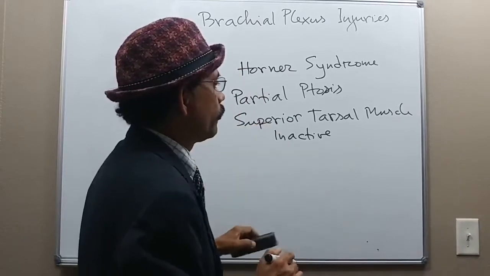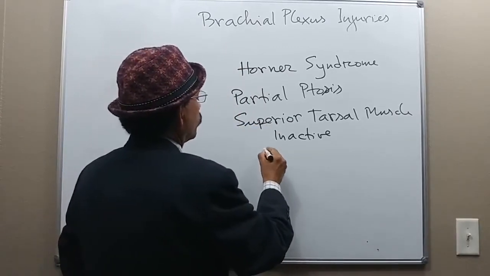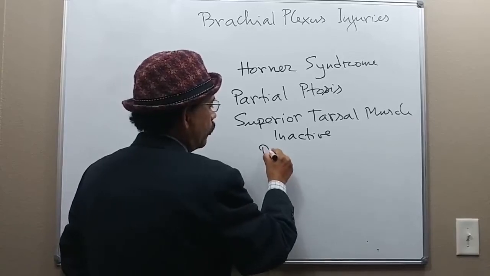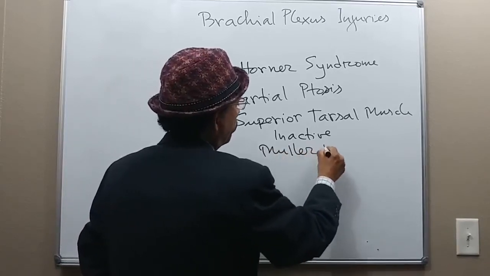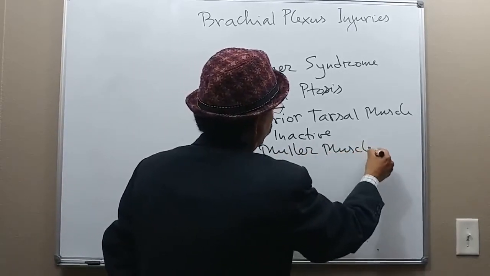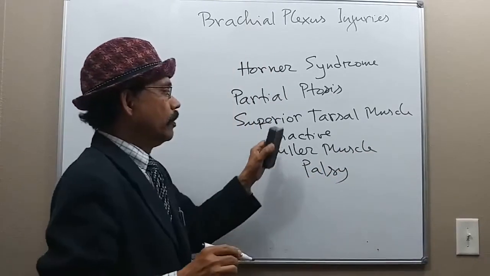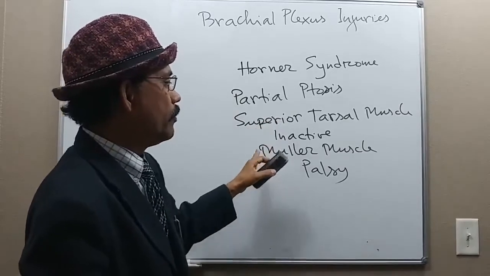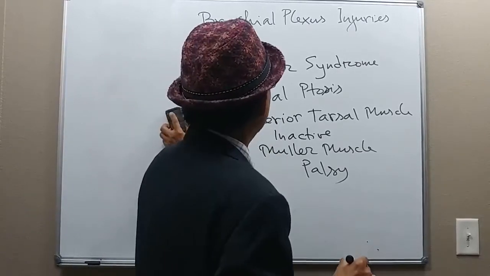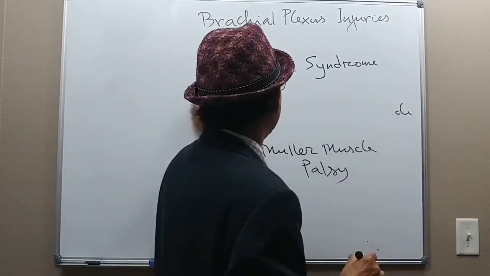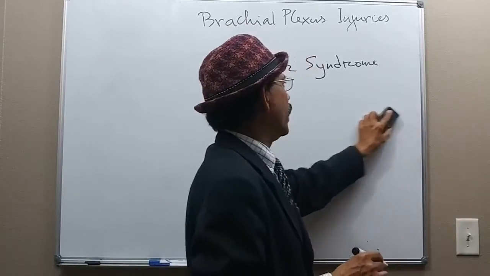Okay, this muscle is also called the Müller muscle. Müller muscle palsy or paralysis. Same, superior tarsal muscle, same as Müller muscle. Okay, we got the ptosis and we got the miosis.